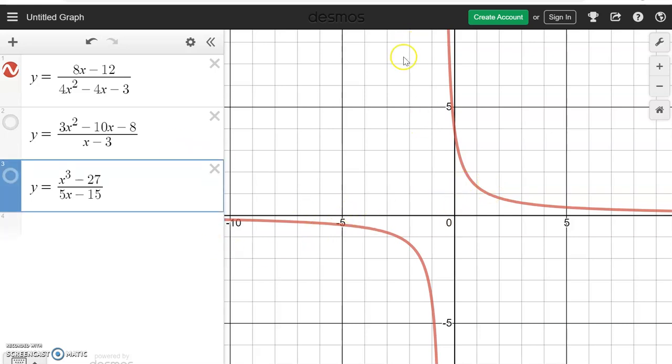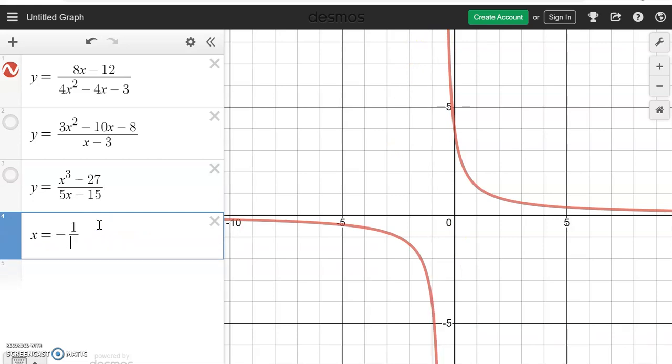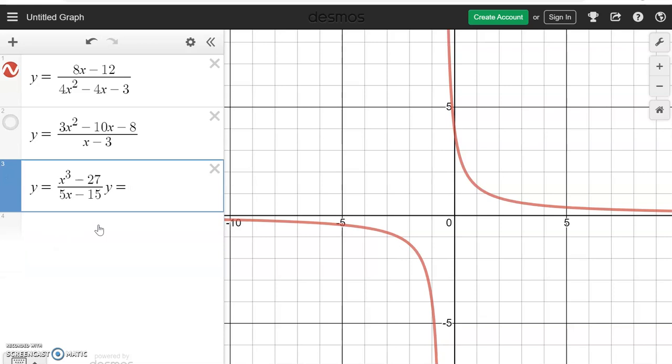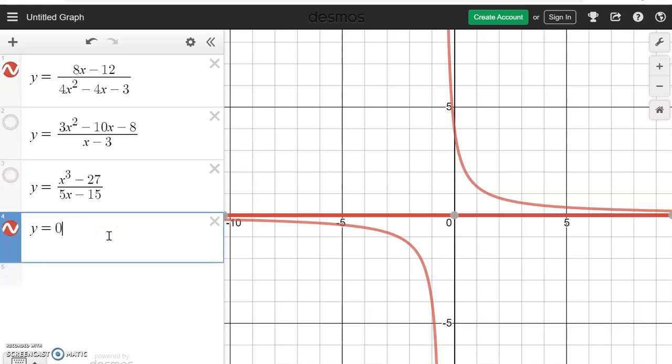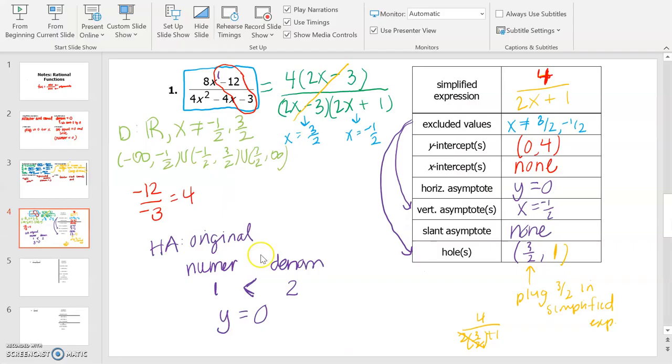But this would be the graph we see. So we see the vertical asymptote was at x is equal to -1/2. We can see that it does not cross that line. We can also see that there is a horizontal asymptote at y is equal to 0, which it doesn't cross. The y-intercept as well is at 0, 4. So we have found all the correct characteristics.